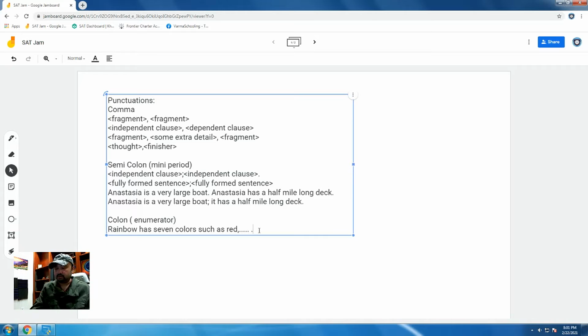So a rainbow has 7 colors, colon, red, and then you list the whole thing. So that's one way to think of colons, is it can be replaced with the word such as.